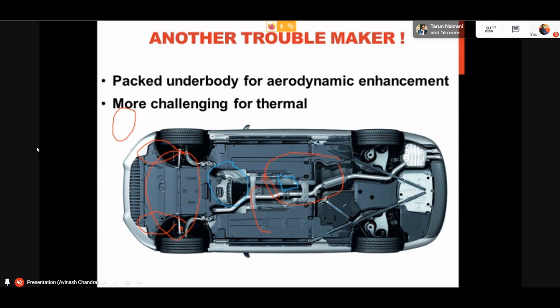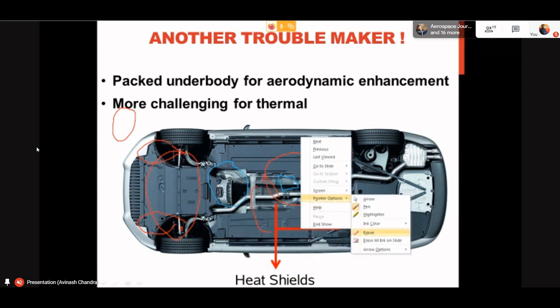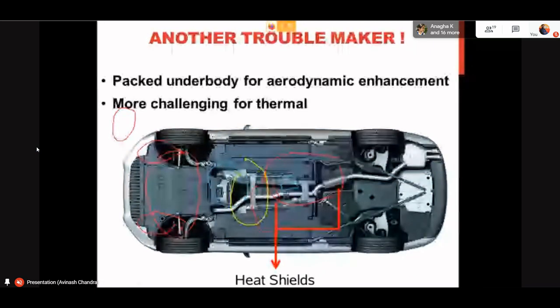But how are you going to deal with the thermal? I am drawing with the blue one now. These portions are still a little bit open because the exhaust you need to cool down with the air only. And this part particularly has the heat shields.